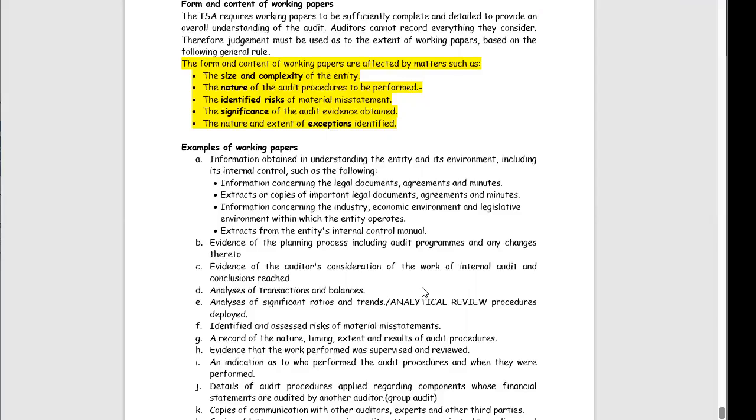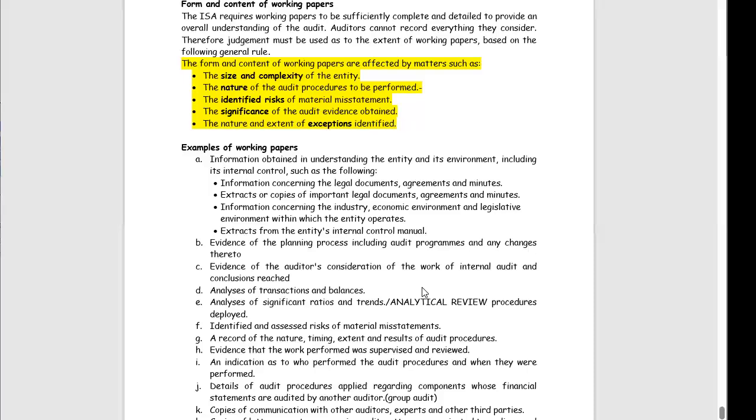Next, the nature of the audit procedures to be performed. So what procedures are to be undertaken by the auditor? Are they going to perform extensive audit procedures or limited audit procedures? That will also have an influence on the form and the content of the working papers.